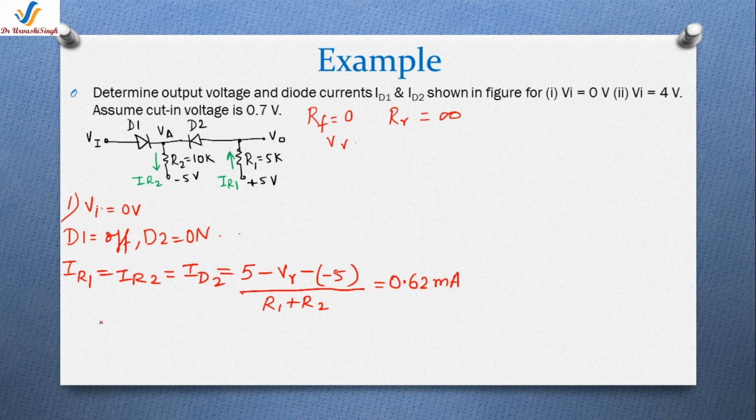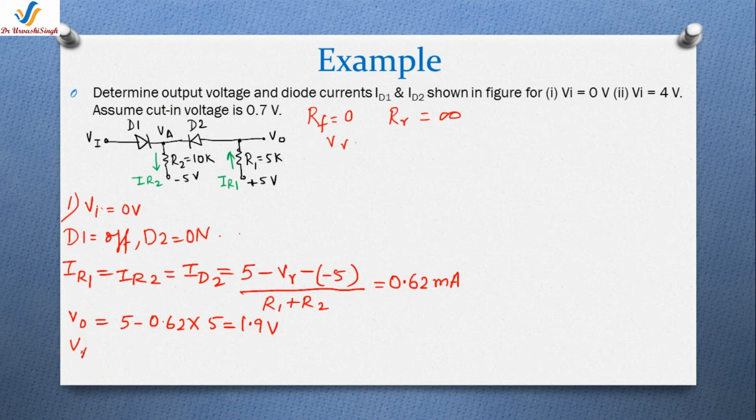For this much current, the output voltage will be 5 minus 0.62 multiplied by 5, and solving this, it will be 1.9 volt. So we have the output voltage. What will be the VA?